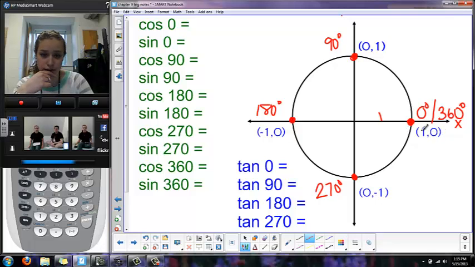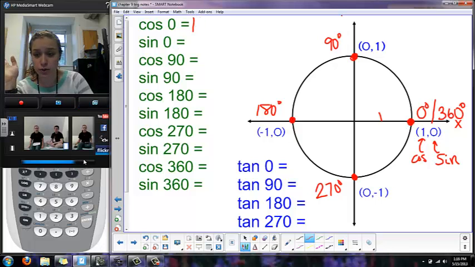So let me think about that. The cosine, or the number that comes first, remember, because it goes cosine, sine. It's alphabetical. That means that the cosine of 0 degrees is equal to 1.